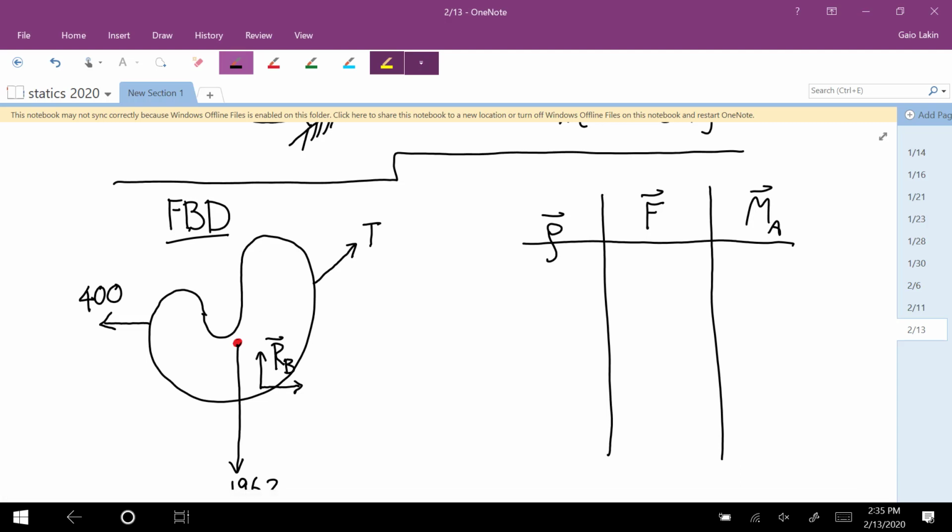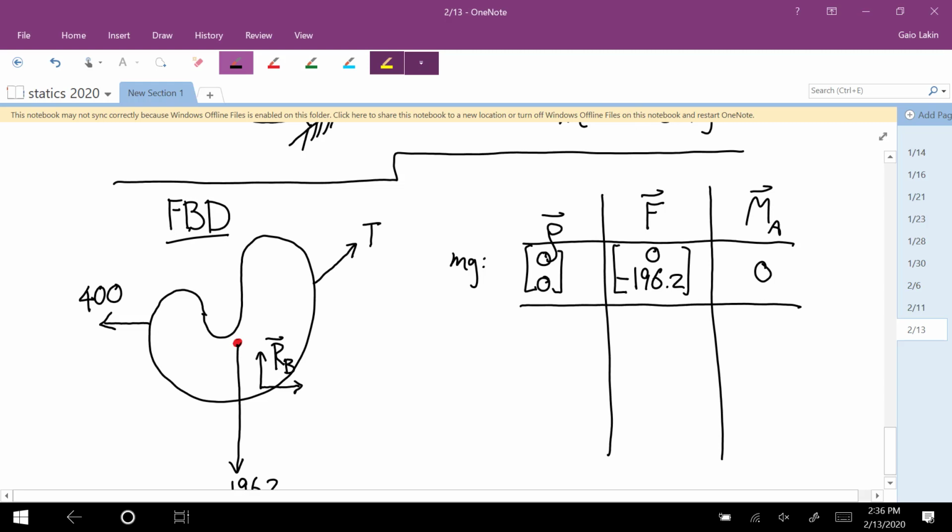Okay, so first let's do the weight force. The rho vector for that is 0. The force is 0, negative 196.2. Cross product is 0. Next, let's do RB.